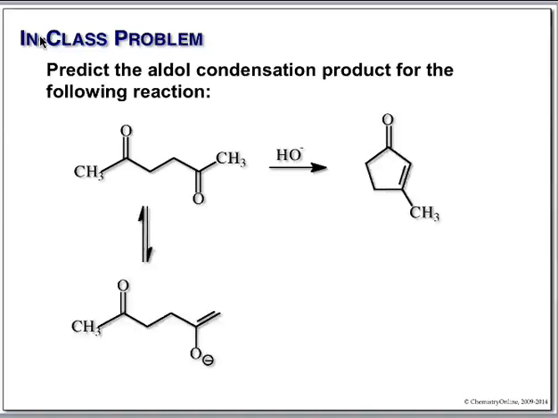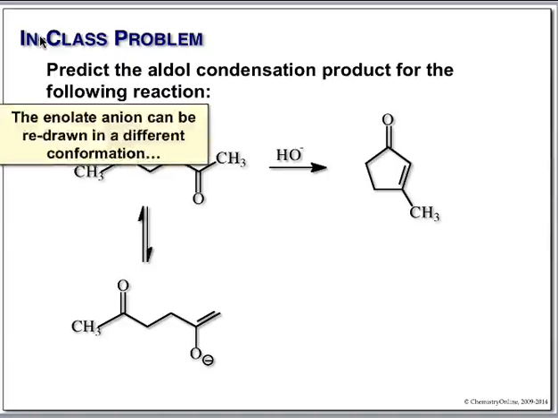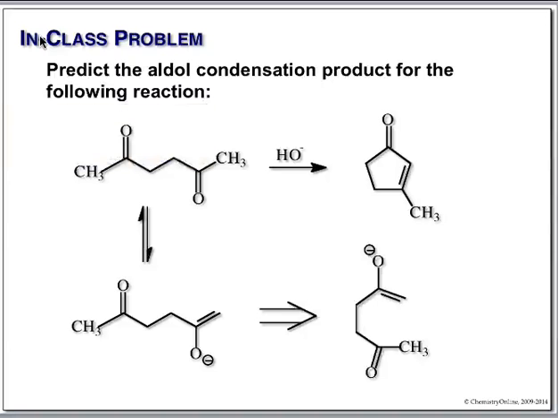Now, in order for this to form a cyclic product, what we're going to have to do is take this enolate, this end, and use it as our nucleophile against this carbonyl. This is probably easier to see if we take this and just change its conformation a little bit. All I've done is rotate here so that this is now closer to my carbonyl.